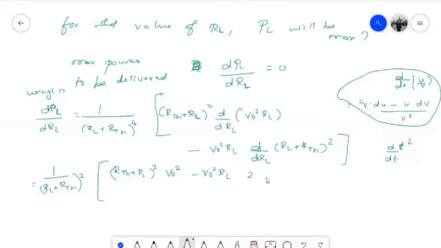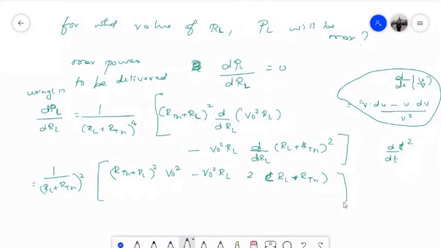It is 2 into d by dRL of RL plus RTH. So what you will be getting is RL plus RTH. Now when you further differentiate this, you will be getting 1.